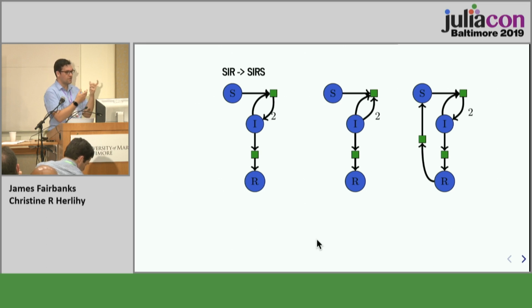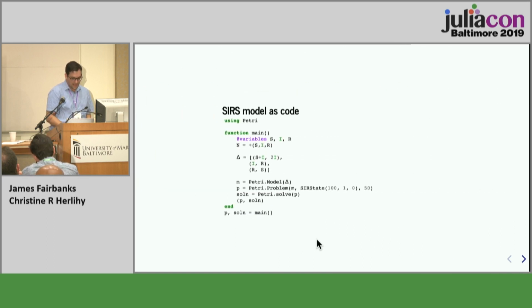How do you talk about, if I give you two Julia function objects, how can you tell me what the difference is between them? You can't. But if we store models like this, you can. Okay. And so we can go back to code.